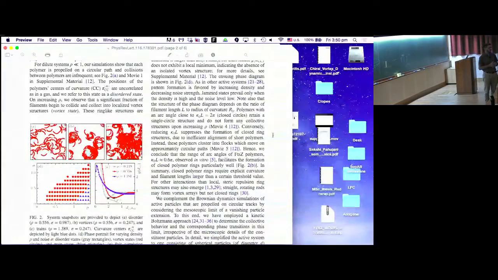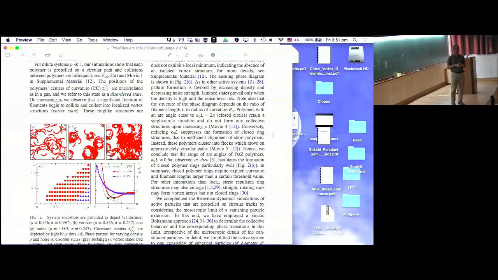The idea was that with purely very simple interactions and no details of biology coming into the picture, can you still generate patterns similar to what were observed in experiments with FtsZ? And so this is the result.